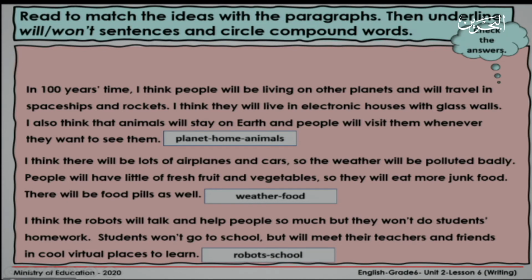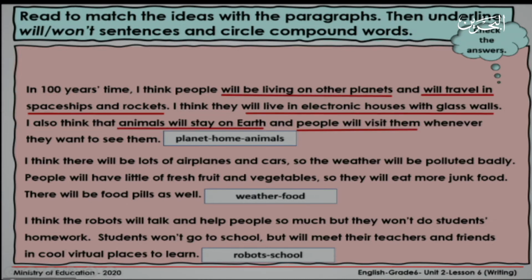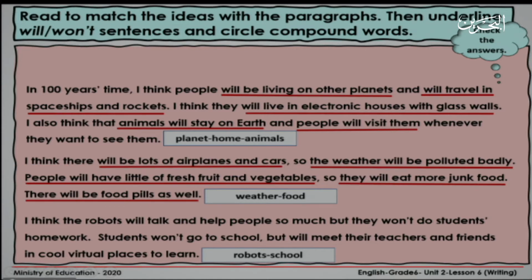Now, let's see the second task, which is to underline sentences with will and won't. Here are the lines for the first paragraph. Here are the lines for the second paragraph.